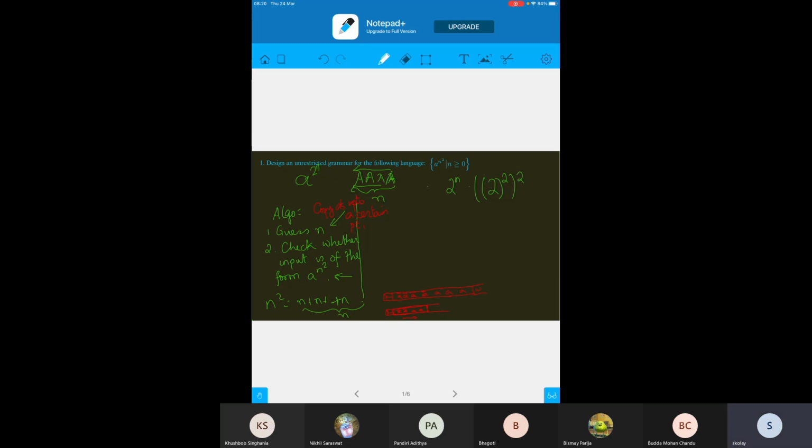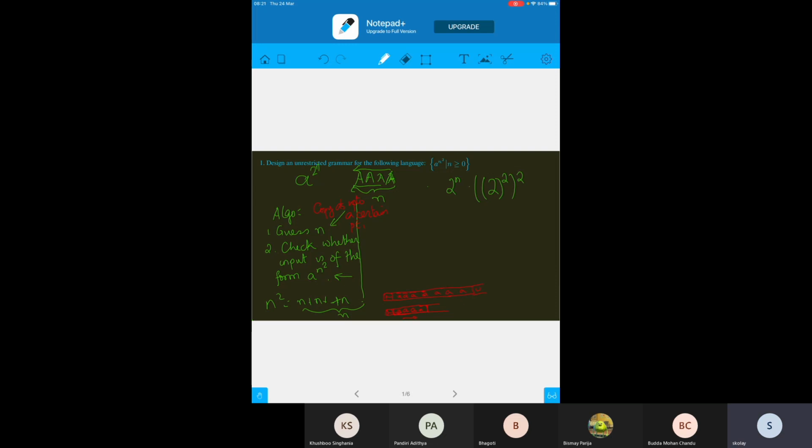At the end, you erase these marks in the second track. Then you go back with a different mark, which says that out of the i a's I have copied, I have marked one copy.